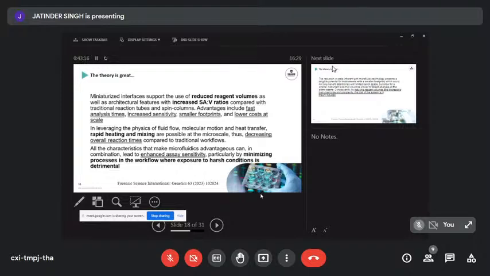And we can get enhanced assay sensitivity, minimizing the process in the workflow, and particularly when exposure to harsh conditions or cross-contamination on site is detrimental. Who wouldn't be putting money in there? People have been screaming this since 1990, and there's still very few systems out there.